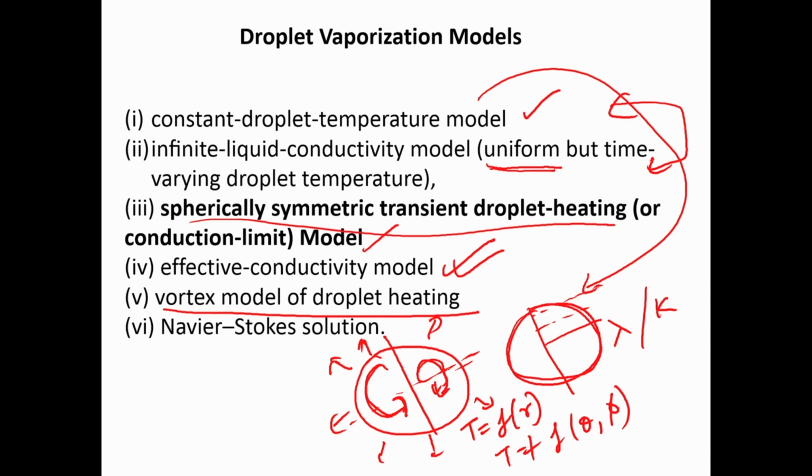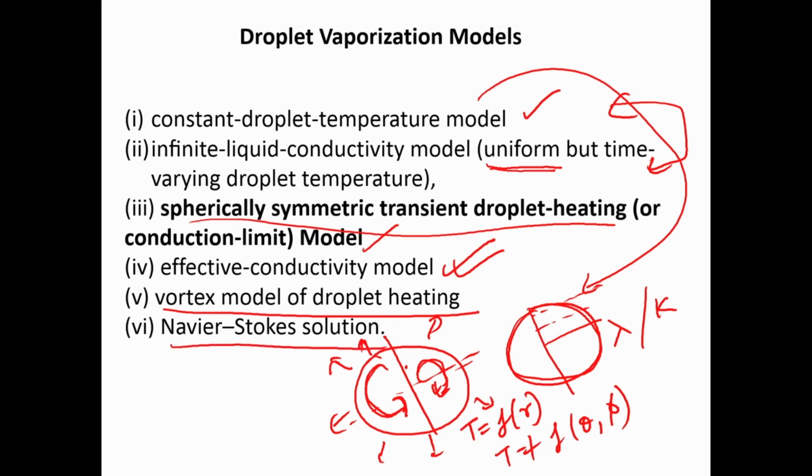As a result, you have to solve the momentum and the energy equation within the droplet. But what the vortex model effectively does is that you can assume a flow field within the droplet, and we will see what that assumed flow field is, and you can get around solving the full momentum equation. You can just solve the energy equation, but it is a full fledged convective solution.